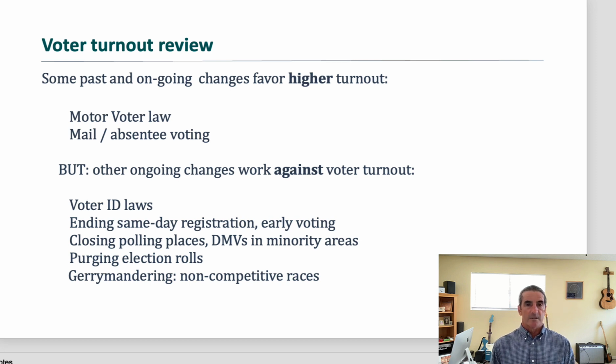And as we've already said, the level of competitiveness of the election has a lot to do with the level of interest in it, and therefore voter turnout. So there's a push-pull in this country with some forces operating in ways that will expand turnout, but others and more than the latter working to suppress turnout. And we'll get into exactly why that is later on in this conversation.